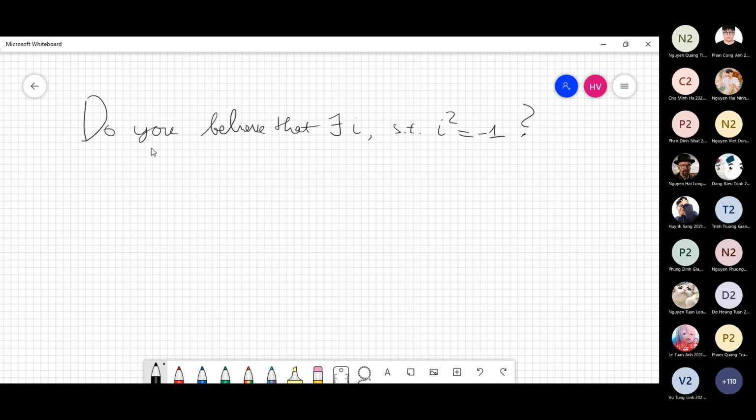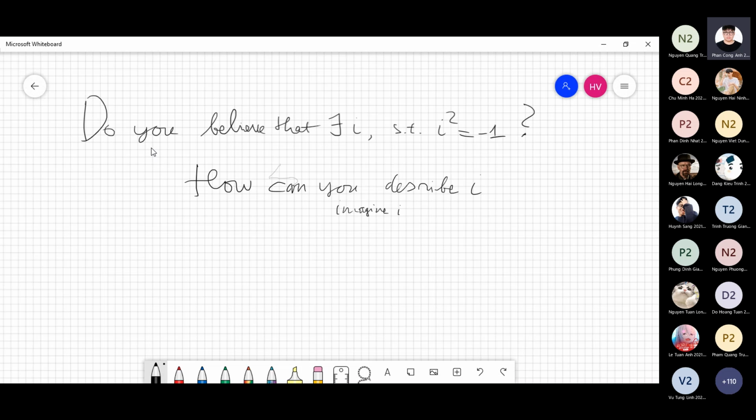The question is, how can you describe i, or how can you imagine it? I think it's theoretical, it's not realistic. It's not real. You can draw the OXY thingy. How do you call it?